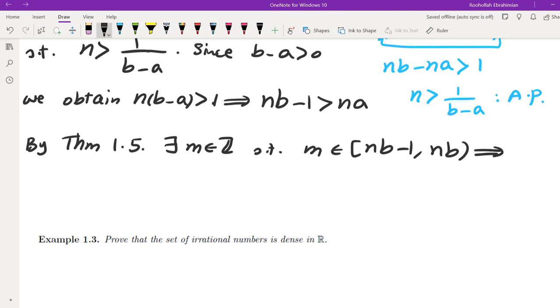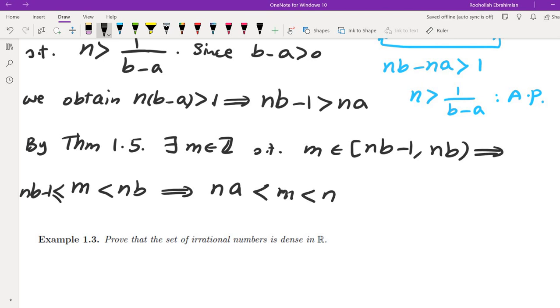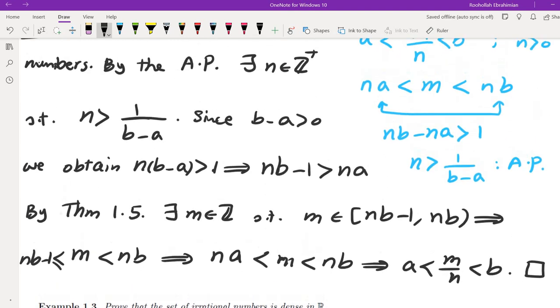And this means na is less than nb minus 1, which is less than m, less than or equal to nb. So na is less than m, less than nb, which means m over n is between a and b. And this is exactly what we wanted to show. We wanted to show between every two real numbers there is a rational, and that's exactly what we did.